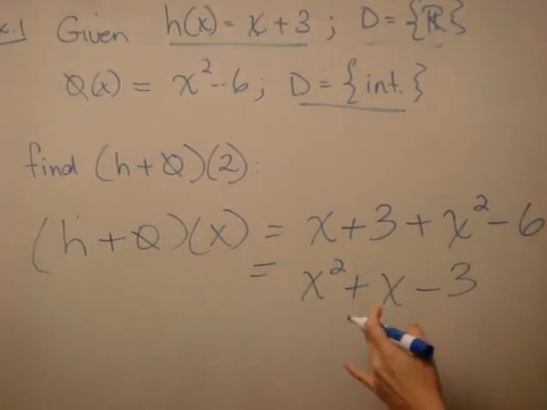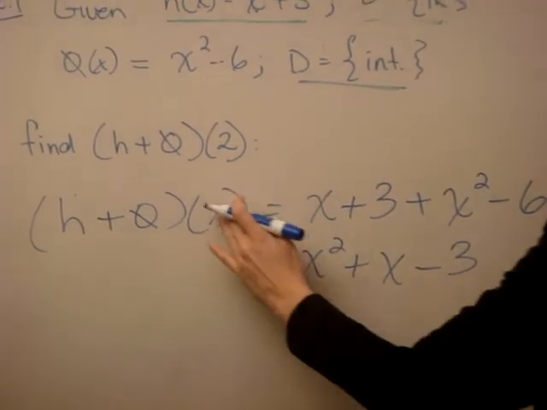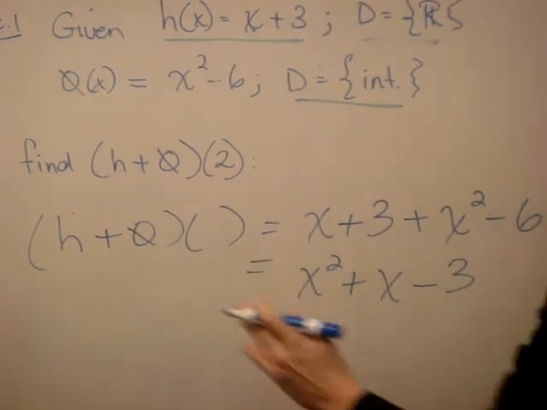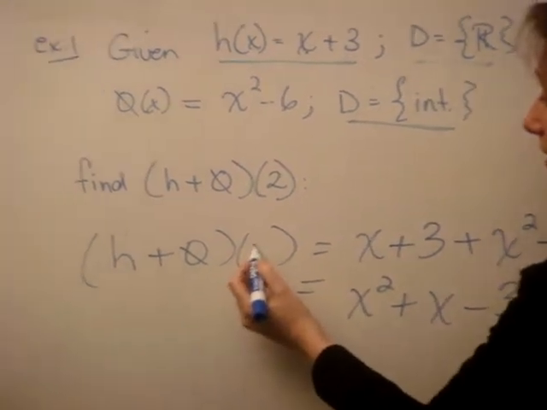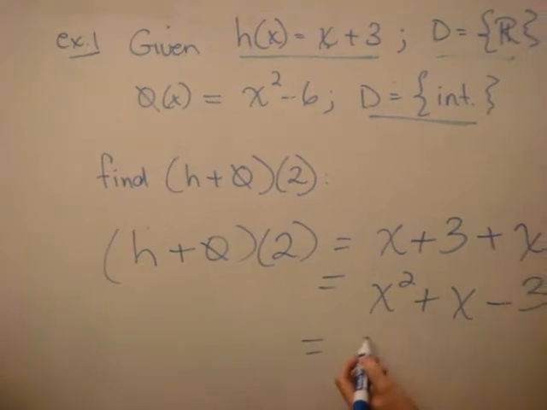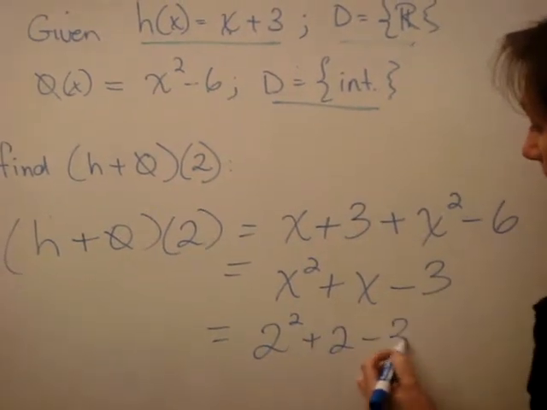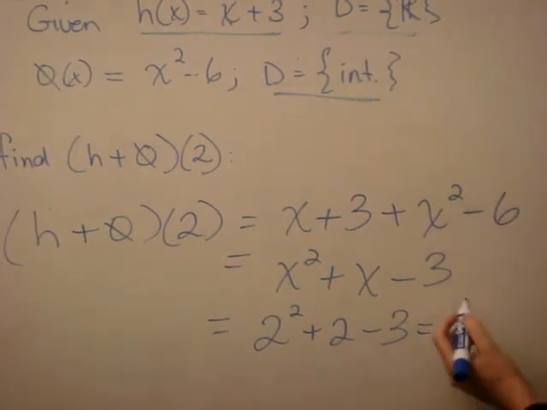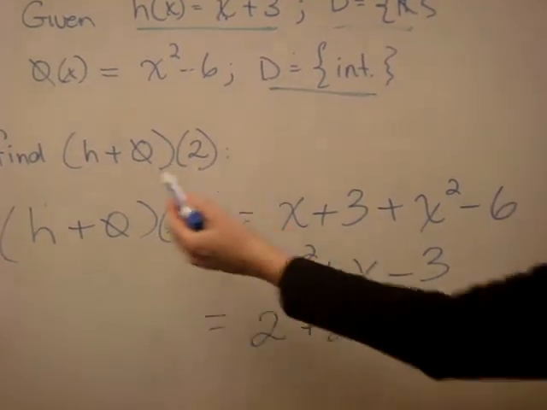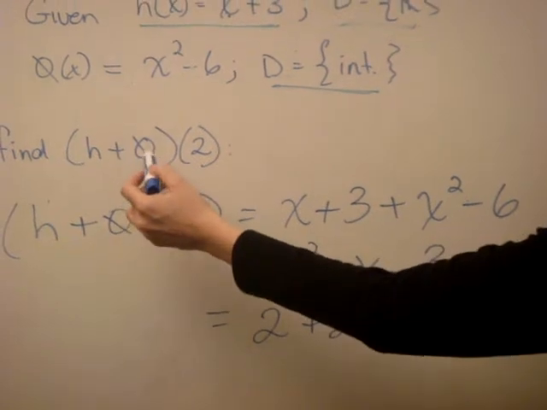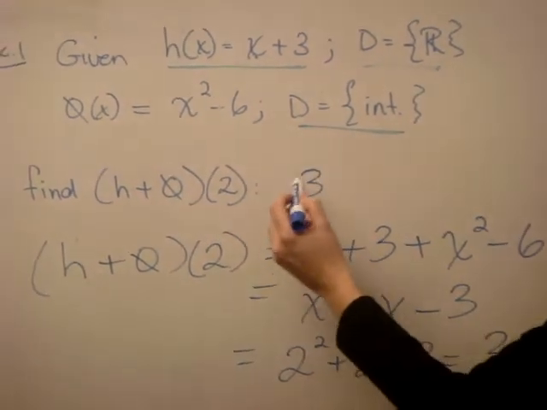So we added those together, and then we can evaluate it when x is equal to 2. So all that means is we replace all the x's with 2's. So I'm going to put a 2 in for the x, a 2 in for this x, and then we get our answer of 3. So that would mean h plus O of 2 is equal to 3.